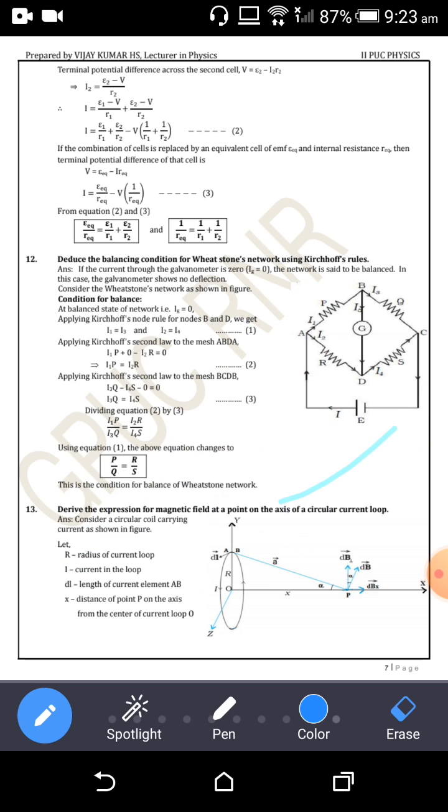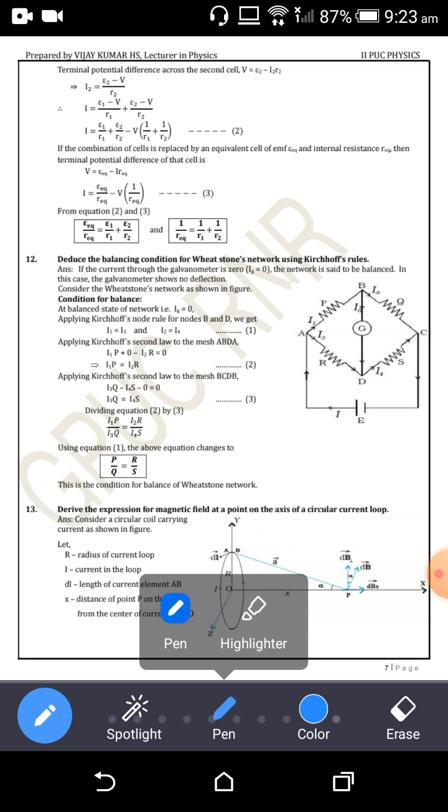Next, we apply the same Kirchhoff current law at terminal D. I2 is the current flowing through the resistor R. At terminal D, the current flowing from the galvanometer joins with it. The incoming current is I2, and the outgoing current is Ig plus I4.